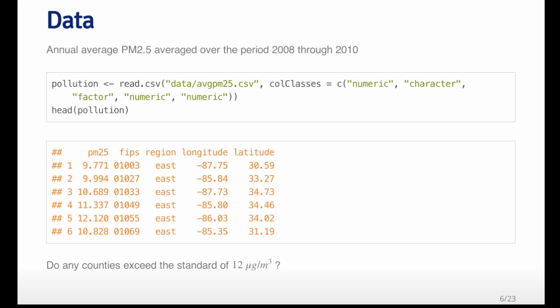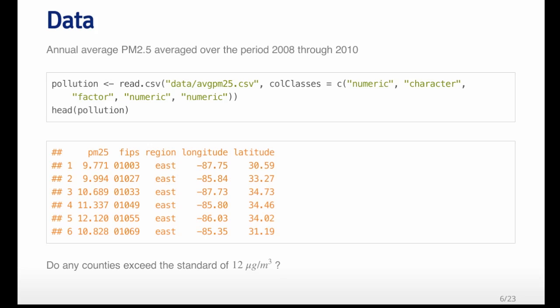The data here are available. You can read them in using the read.csv function, and I put the code here so you can take a look. Here are the first couple of lines of this data frame. The first column is the level of PM2.5. It's the annual mean averaged over the past 3 years, actually the years 2008 through 2010.